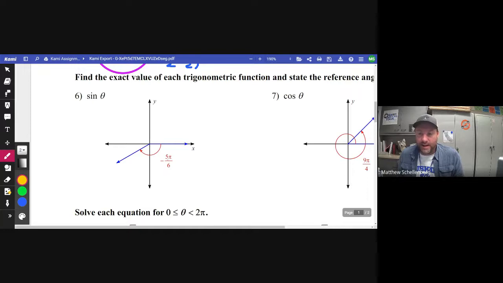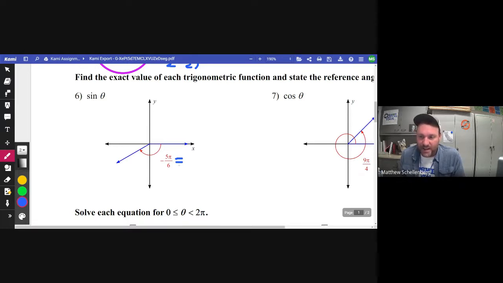So I can convert this to a positive angle, or if you are familiar with your unit circle, you can also look to see. Well, this came up in class where some people didn't quite get what that reference angle would be, and so normally I would say, well, we just add 2 pi.